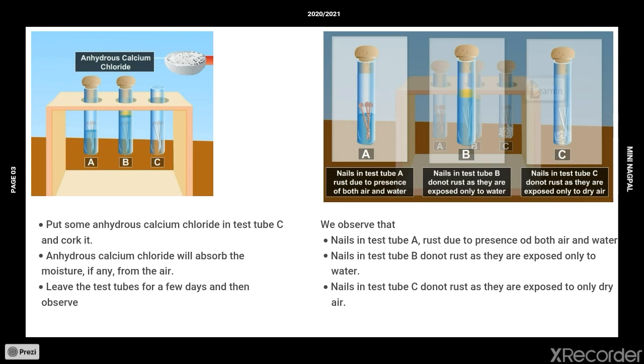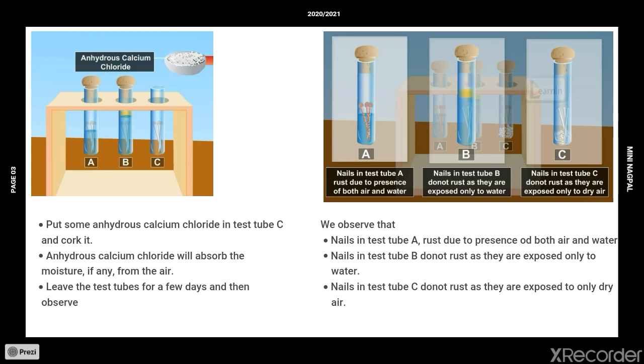In test tube B, water is there, moisture is there, but there is no oxygen because it has a layer of oil. It cannot combine with or take up the oxygen which is present in the air, and there is no oxygen in the water because it has been boiled. So the only thing which is not present in test tube B is oxygen.